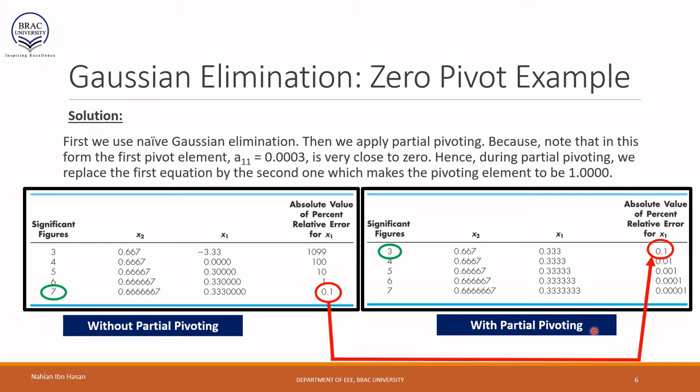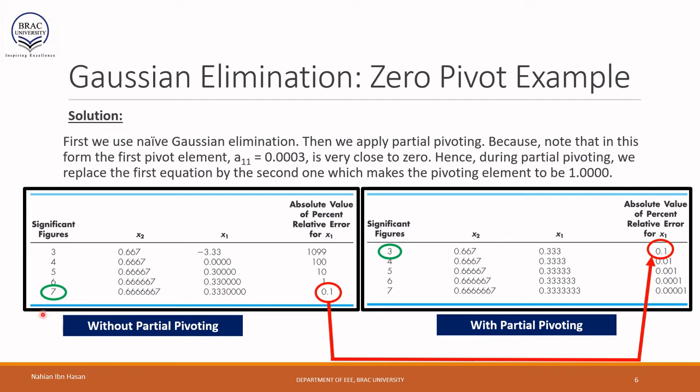Although the pivot element is not 0, it is very small. As a result, whenever we are not using partial pivoting, we get to the original results only very far along. That means we have to consider a large number of significant figures to get to the original result.